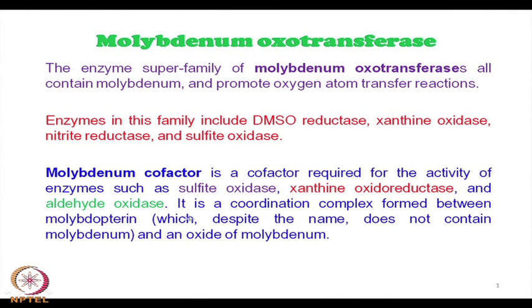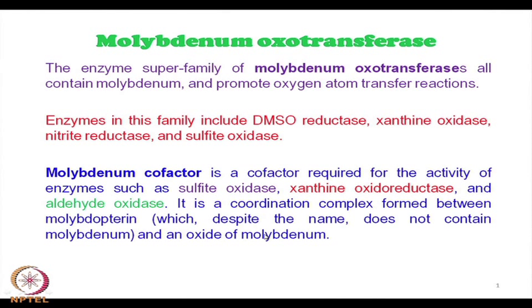We call it a coordination complex basically, because you have a definite ligand system bound to the metal center, and we get it as a molybdopterin molecule, which does not contain any molybdenum. That is why we call it a molybdenum cofactor and an oxide of molybdenum.